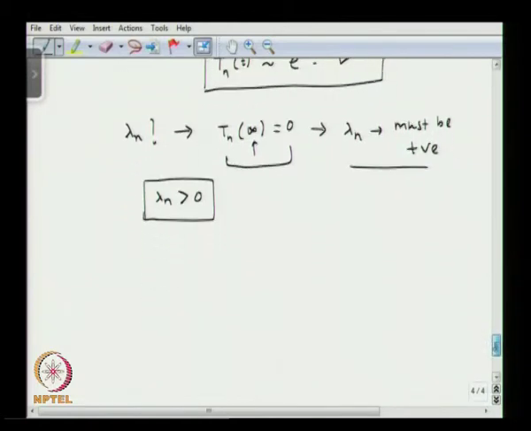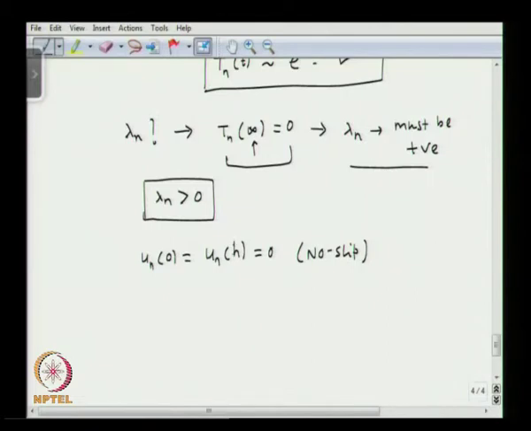Now, we have additional conditions. We have Un(0) equal to Un(h), which is 0, and this is the no slip condition.